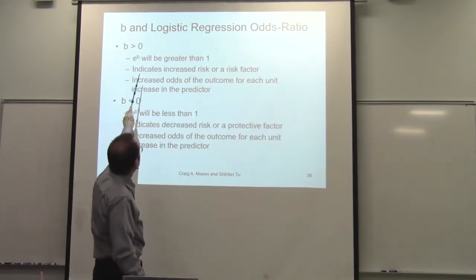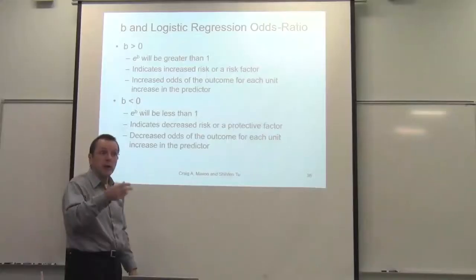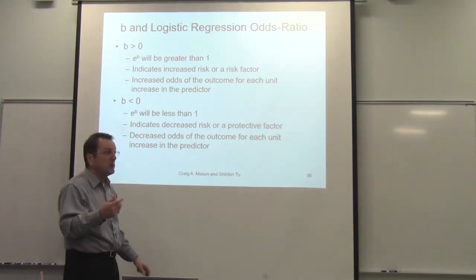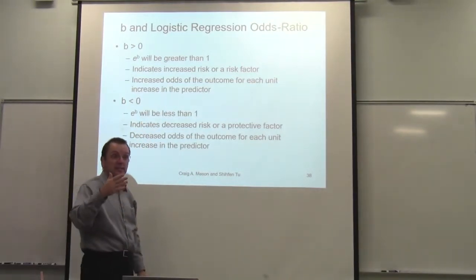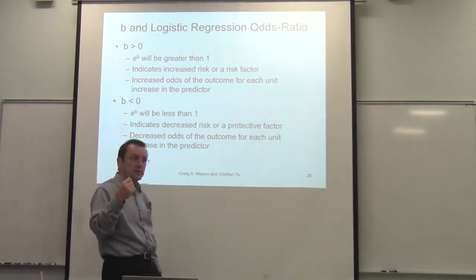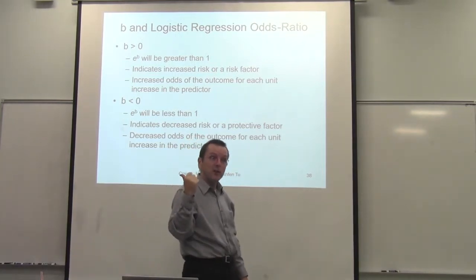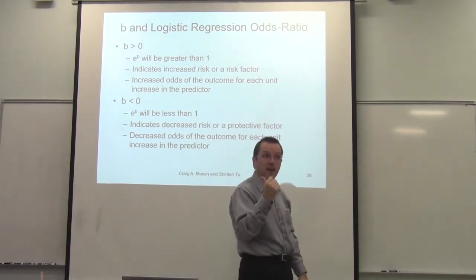If the regression coefficient is greater than 0, a positive value, e to the b is going to be greater than 1, so the odds ratio is greater than 1. If my odds ratio is, say, 2, a unit increase and my odds are now multiplied by 2. My odds double. Another unit increase, the odds double again.